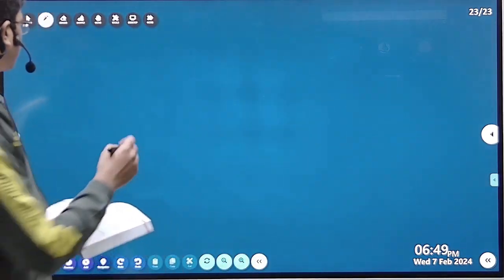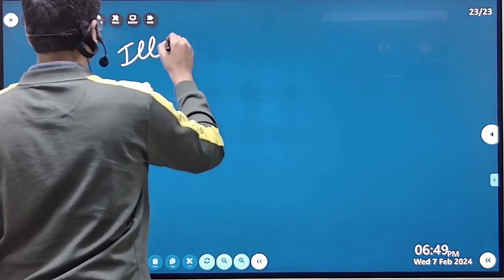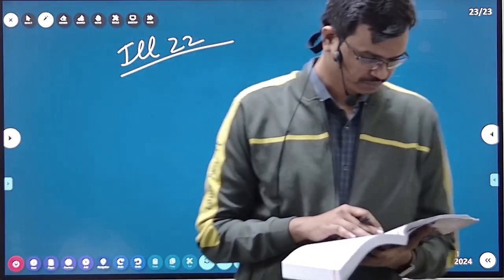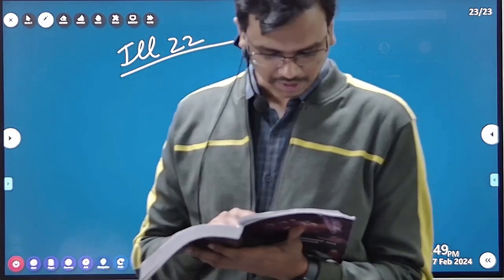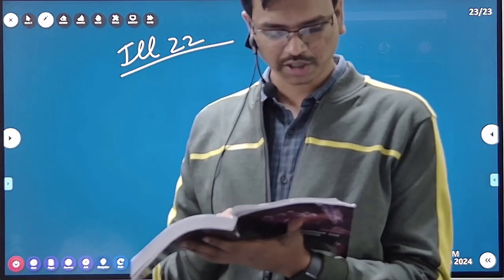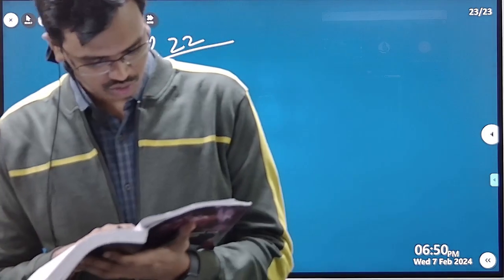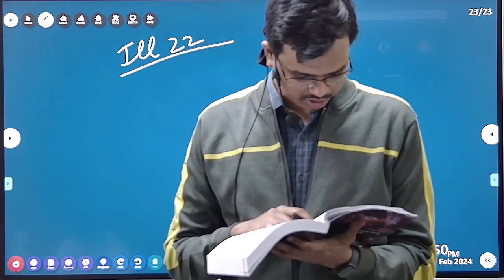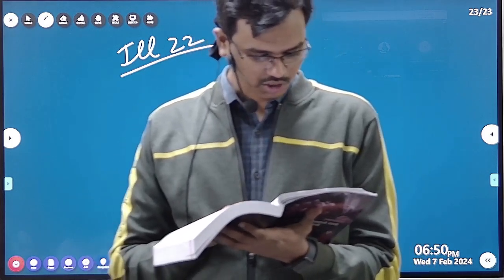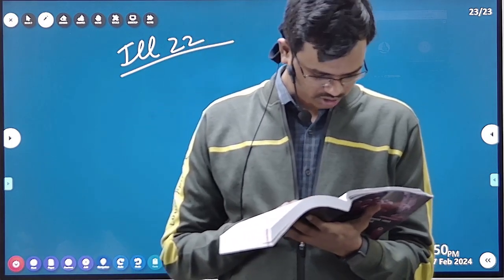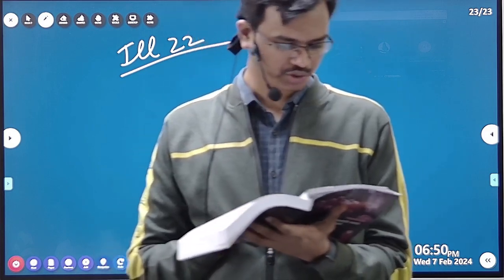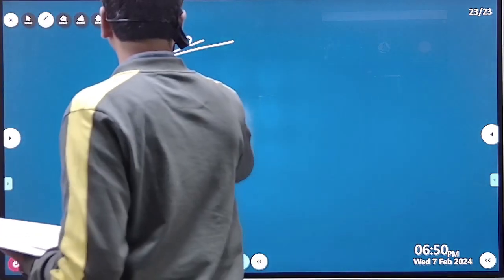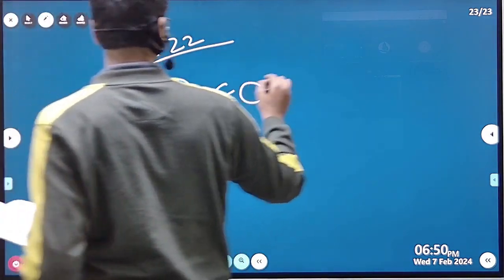Fine. Let us look at illustration number 22. Find the EOQ and the reorder point given. So annual demand is given. Average daily demand is nothing but annual demand by number of days. Ordering cost is given. Holding cost is given. Lead time and cost per unit is given. So quickly solve this problem and tell me the answer. What is EOQ?